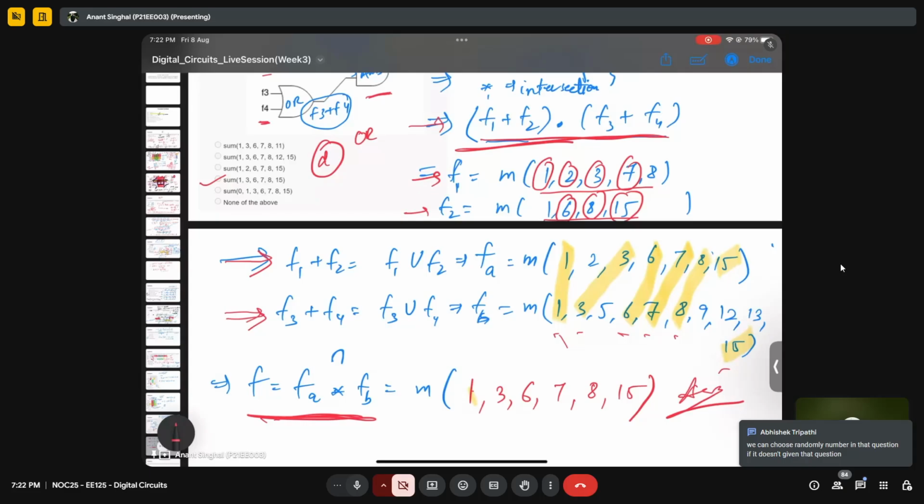Sir, suppose the final expression is repeated four times, F, then when there is an AND operation, only the common term should be taken, sir. What do you mean by repeated? Suppose after minimizing in a K map, they have given a function and I have got a reduced function F, and they have asked to find the reduced minimum of F four times, sir.